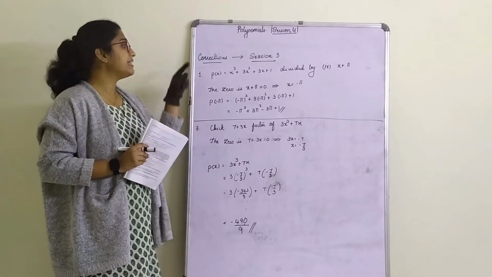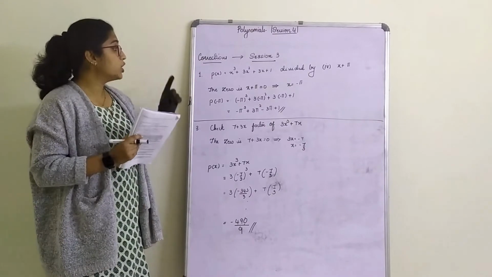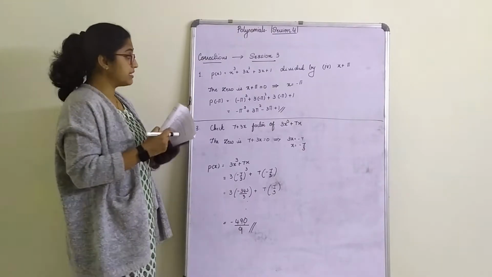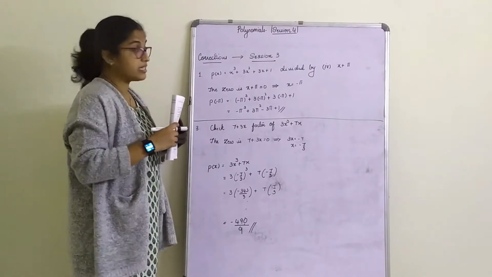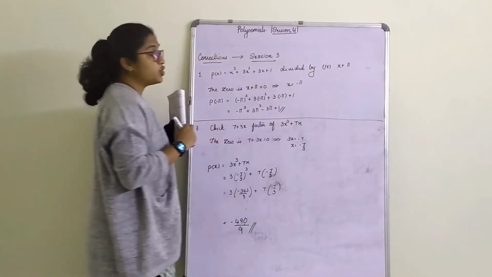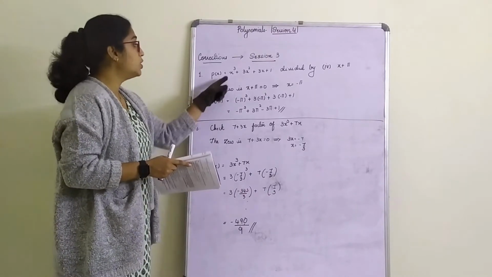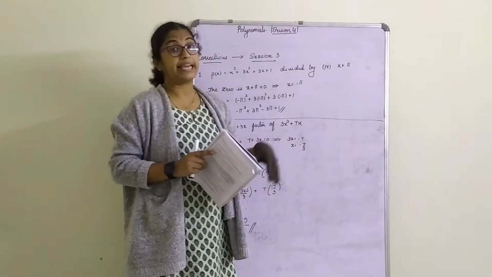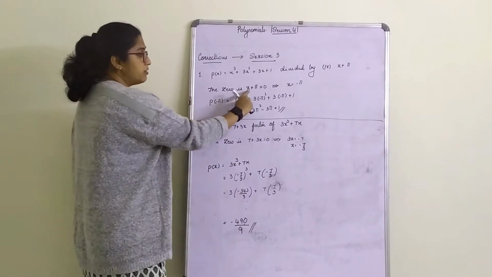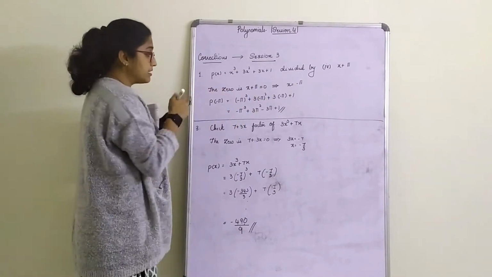Now there are small corrections you have to make in yesterday's session. Question number 1 from the exercise, the first one we started with yesterday. In the fourth sub question, x plus pi, the question was to find the remainder when a polynomial is divided by x plus pi. As per the rule, x plus pi is equal to 0, so x is equal to minus pi, and we substitute.